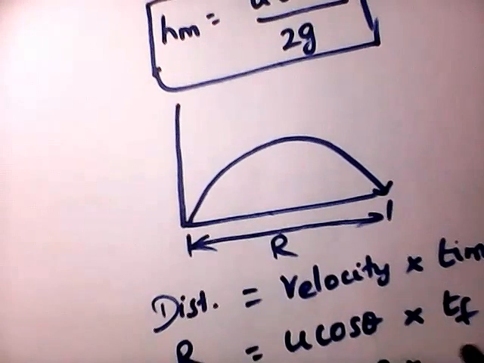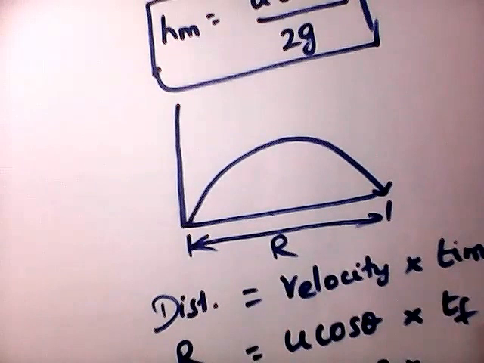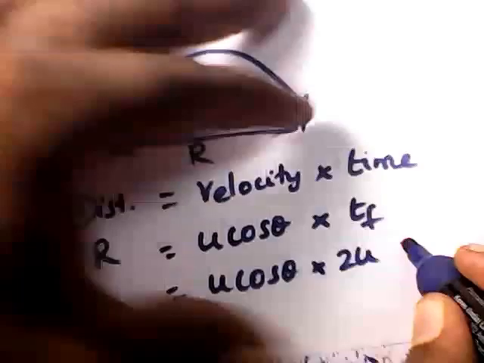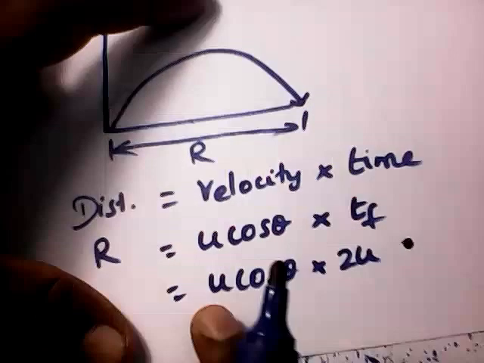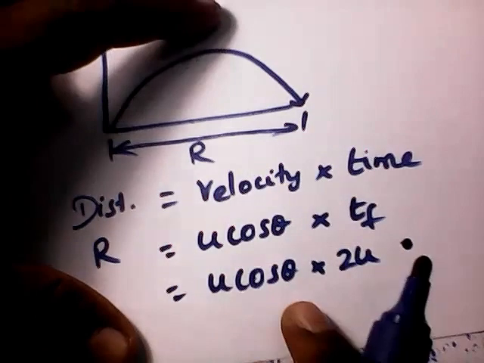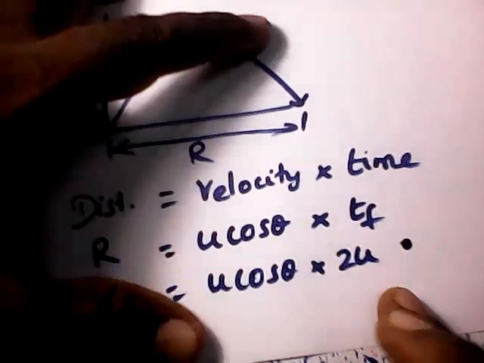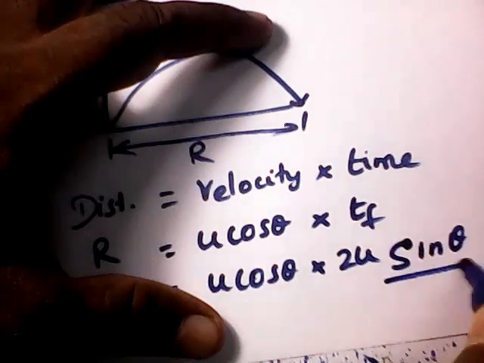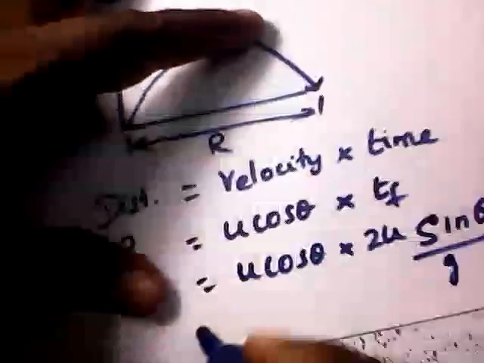So R is equal to u cos theta into the time of flight, and we know that Tf is equal to 2u sin theta by g.